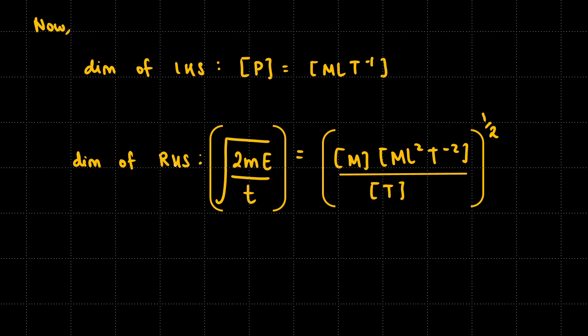So now, if you simplify this, you will get, so think about it, it will be m squared, and t minus 2 over t will be t minus 3, right? But it's all being half, so we have m squared, which will give us m. So L squared, which will give us L. Pretty good so far. Now let's look at the last one. It will be t minus 3 by 2.